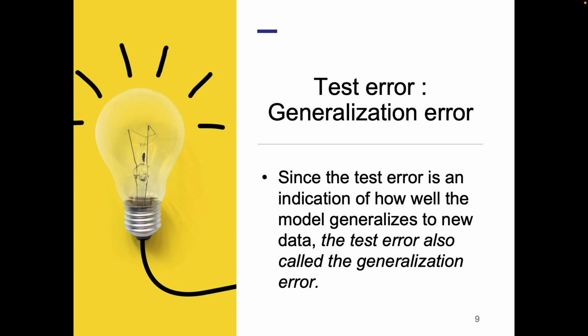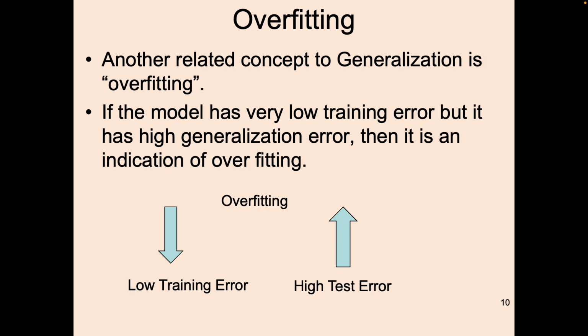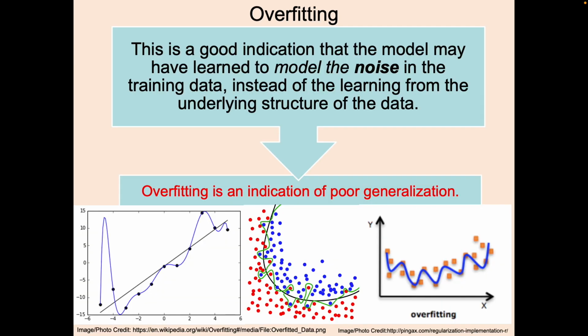Another related concept to generalization is overfitting. If the model has a very low training error, but it has a high generalization error, or a high test error, then it is an indication of overfitting the model. Let's take a look at what it looks like when the model is overfitting.